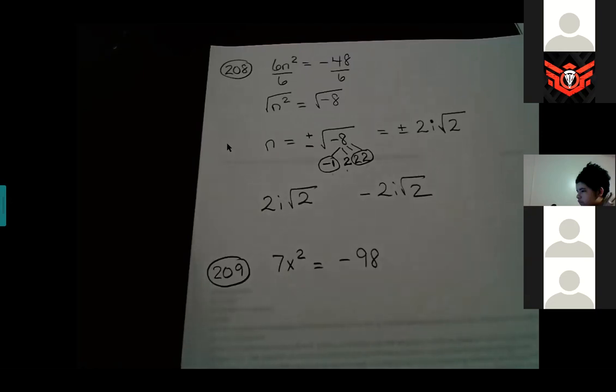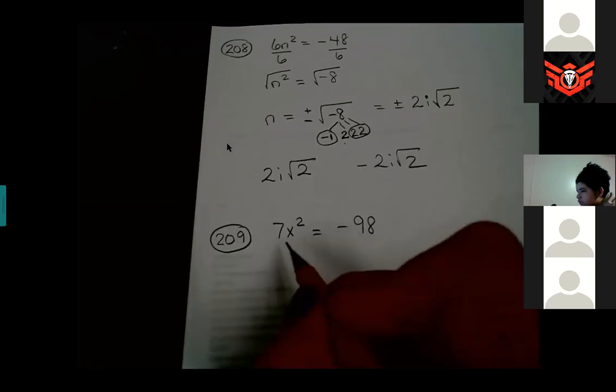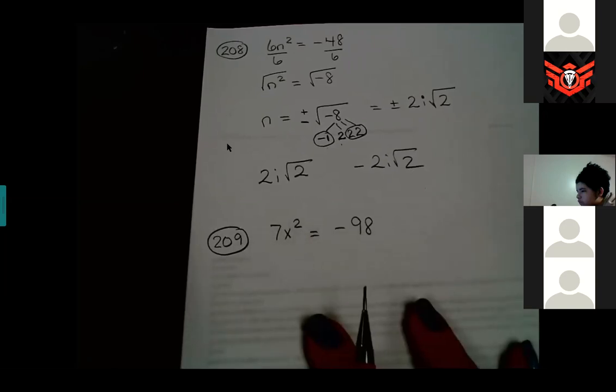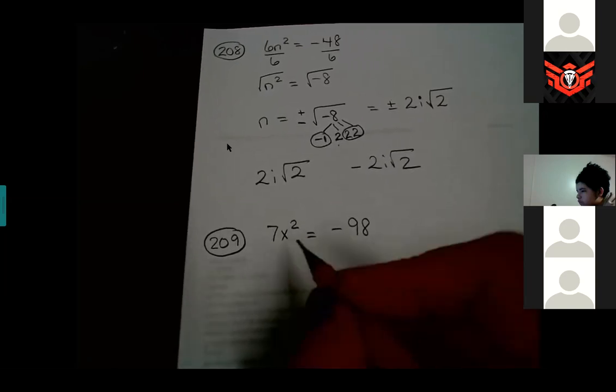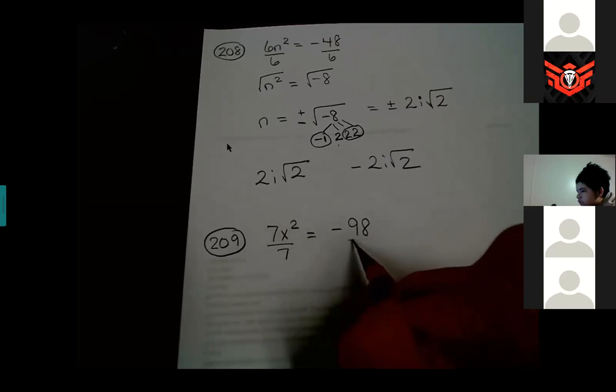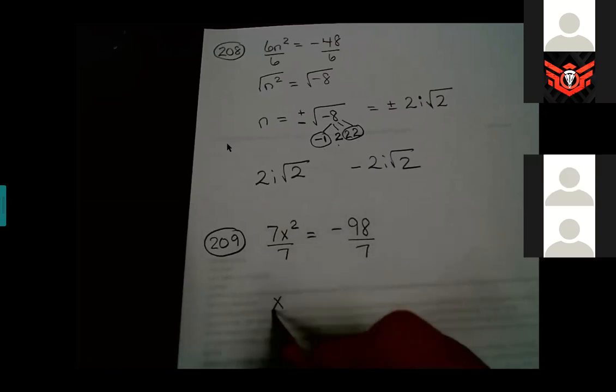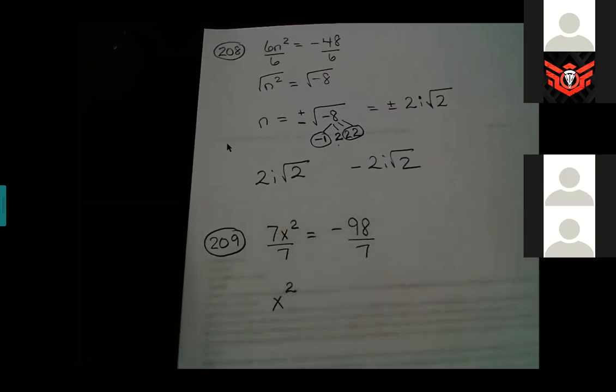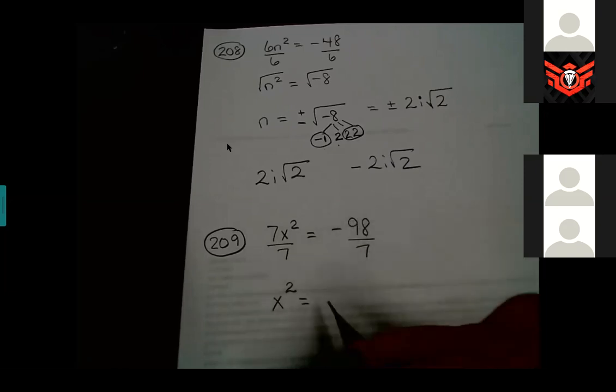All right. I'm recording it, so I'll upload it so you can go back and see what we've done up until this point. We're on problem 209 in the packet. All right. I'm going to help y'all out because a couple of you are struggling. To get the x squared by itself, I divide both sides by 7. 7 goes into -98, -14 times.